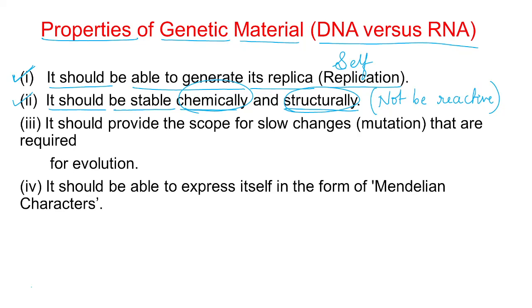Is that clear? It should not readily react with any of the molecules that are present. It should be stable. It should not mingle with any of the chemical reaction.